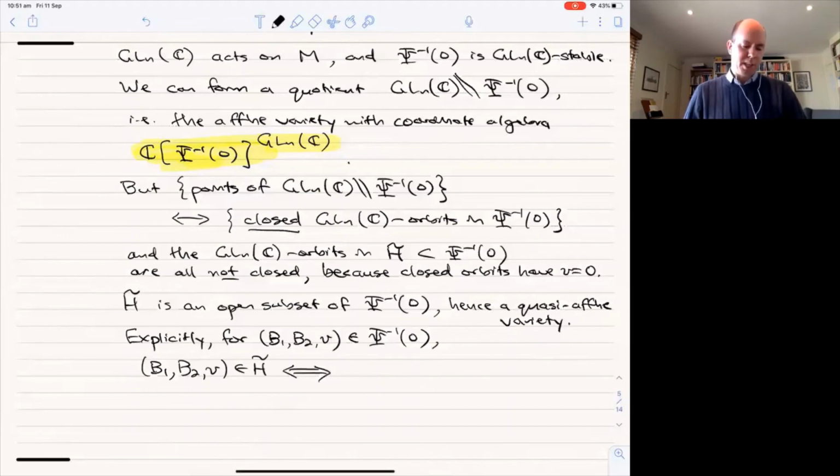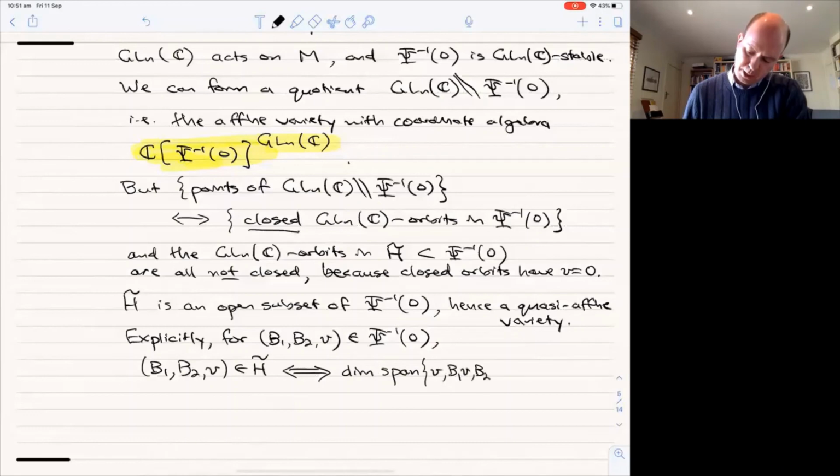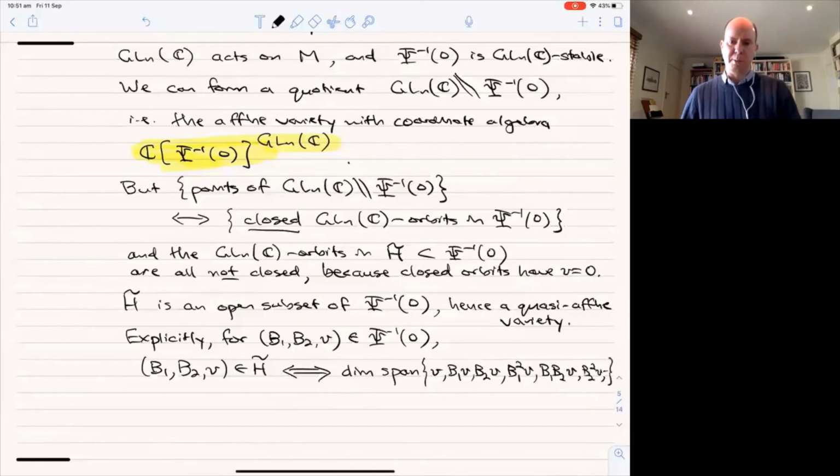The condition was that V generates the whole of C^n under the action of B1 and B2. So that means the dimension of the span of the following collection of vectors: V, B1 V, B2 V, B1 squared V, B1 B2 V, B2 squared V, etc. All polynomials in B1 and B2 applied to V, that's meant to be the whole of C^n. So the dimension of that is meant to be n.